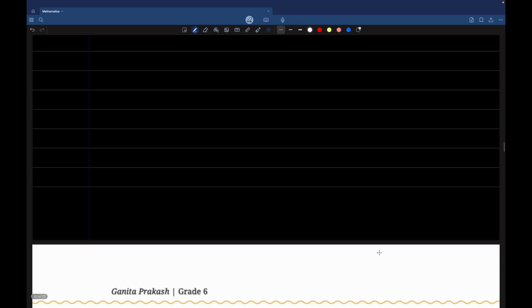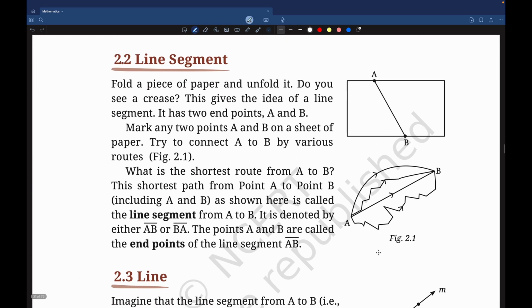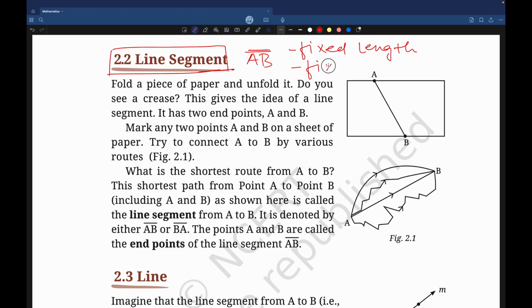Now let's discuss the next topic, that is line segment. Topic number 2.2, line segment. Line segment is denoted by AB and a line above it. Line segment has fixed length. Line segment has fixed end points.